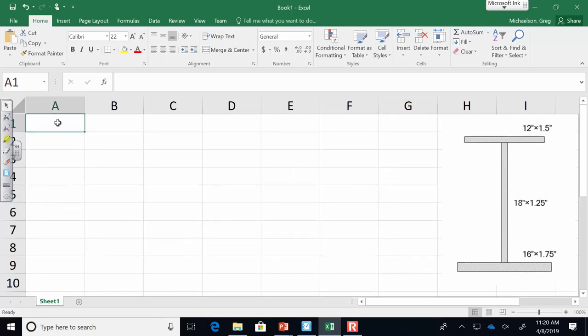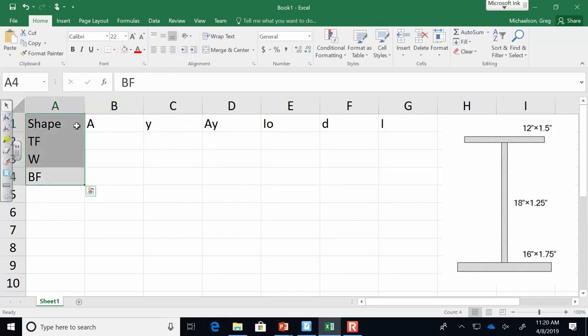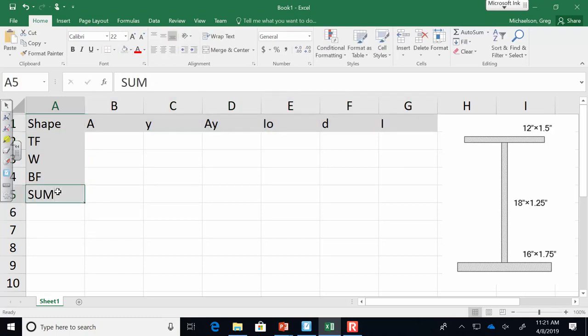So what do we have? We have a shape, A, Y, A, Y, I naught, D, I, right? Remember this?